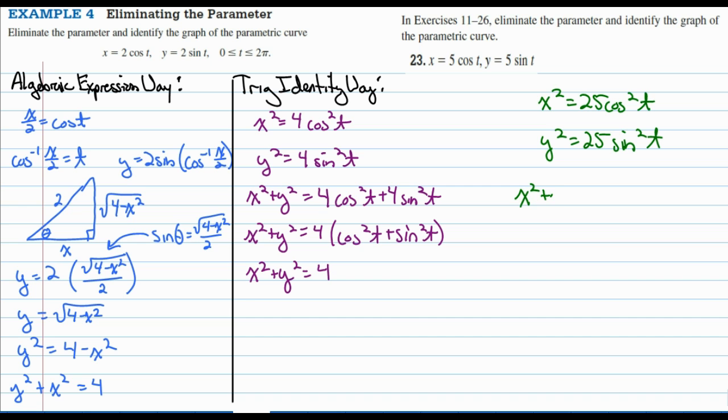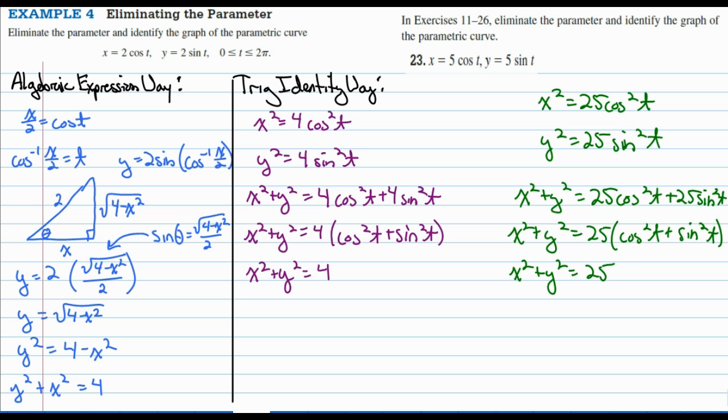So x squared plus y squared equals 25 cosine squared t plus 25 sine squared t. Factor out the 25, which means I would have a circle centered at the origin of radius 25. Whoa, radius 5, sorry.